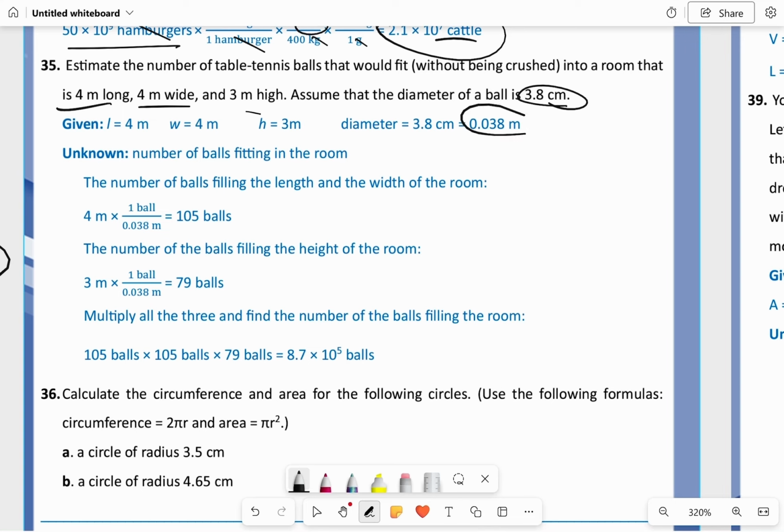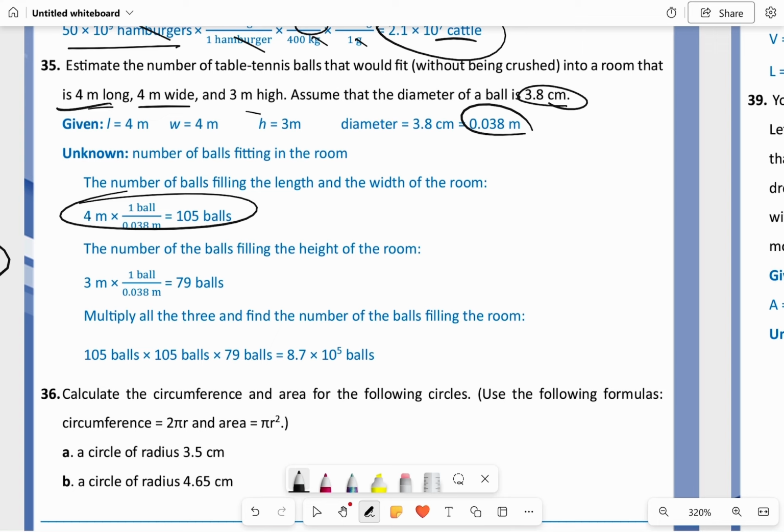Change this to meters, you have 0.038 meters. You'll say 4 divided by 0.038 meters. This is for the width, and it's also for the length too.